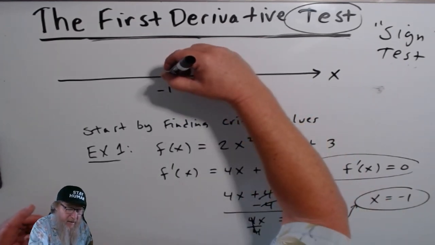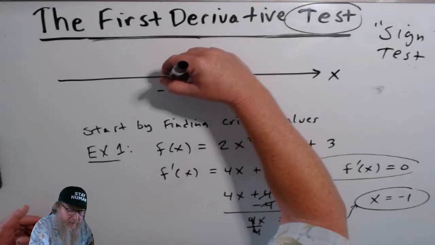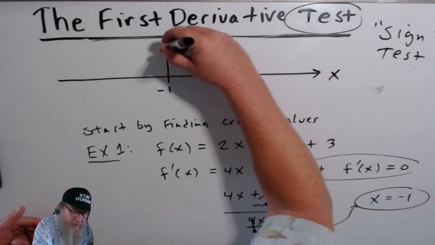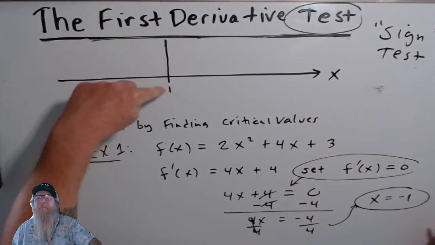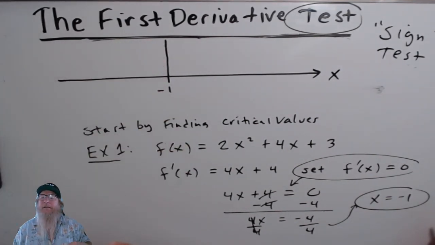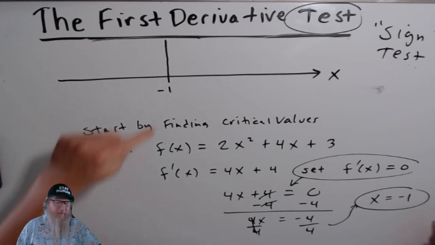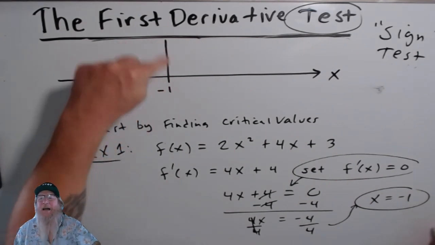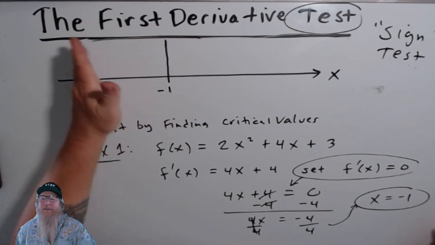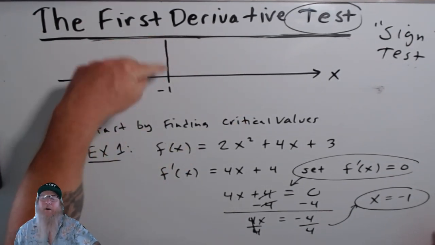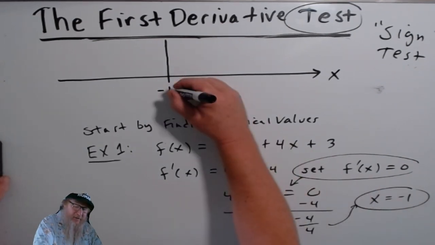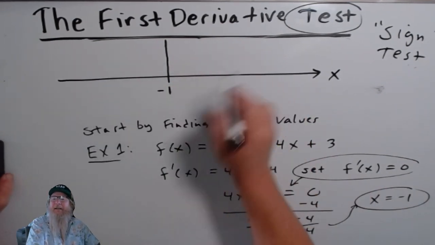I usually make a bin here, just sort of a partition. This is not actually a line, it's just to keep the two sides separate. So I don't want you to think that this is part of the graph or anything. This is just a way of partitioning the segment.